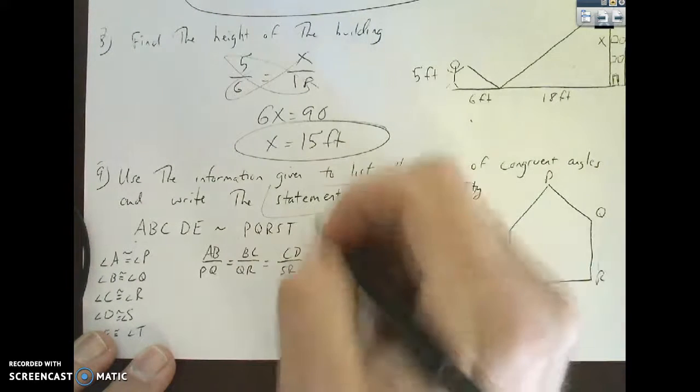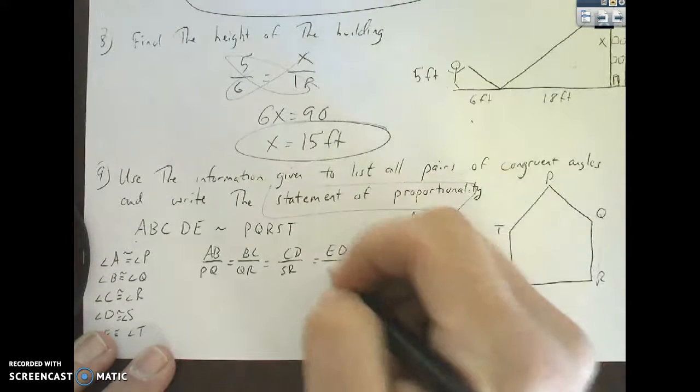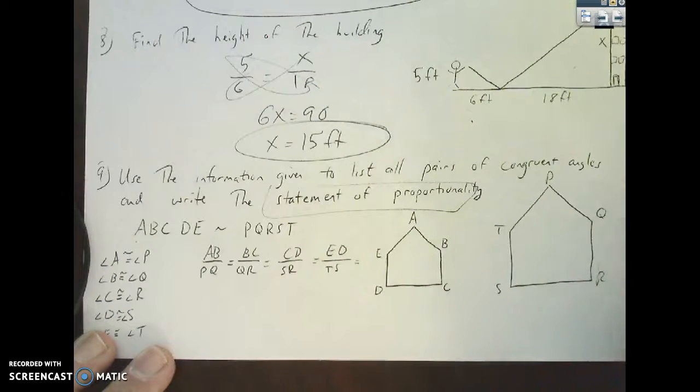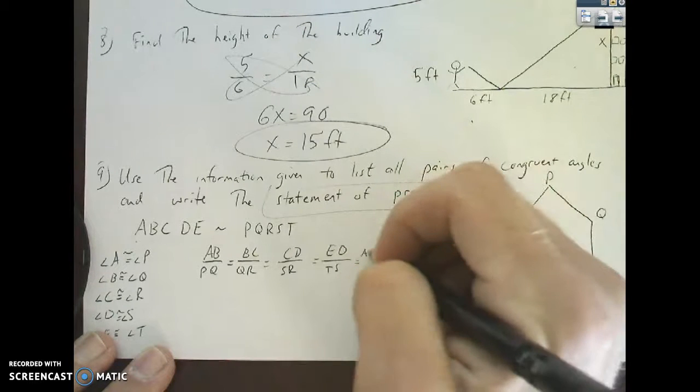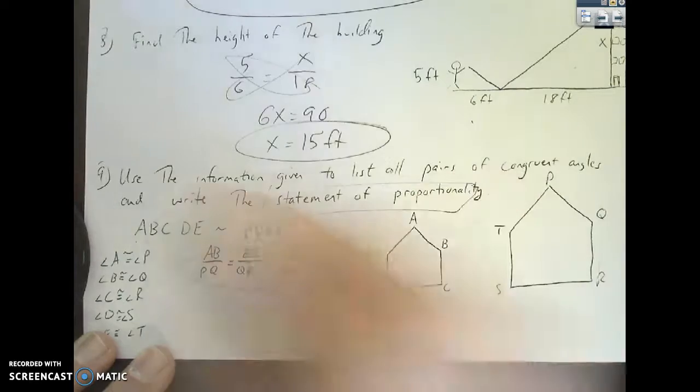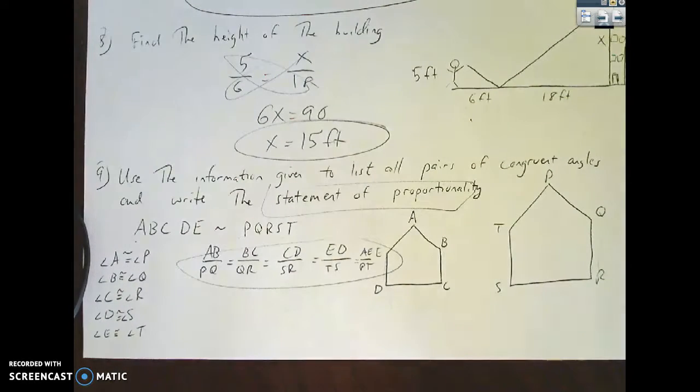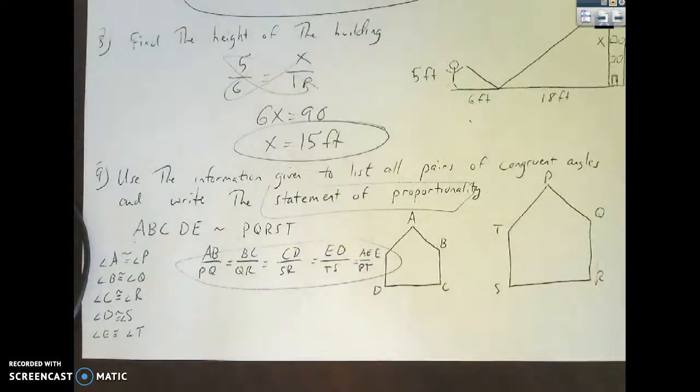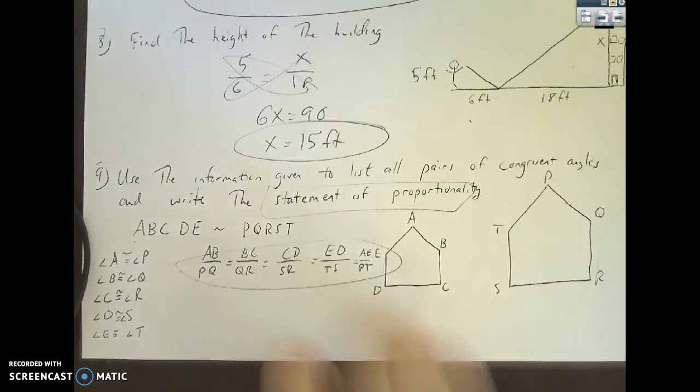Equals ED over TS equals AE over PT. There's your statement of proportionality. Okay. Now again, I did small over big, but you could choose to go big over small. It's your option. So I went through that really fast.